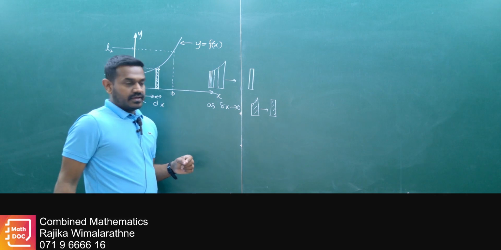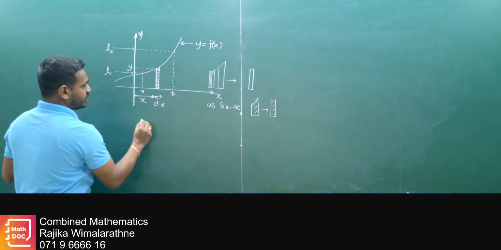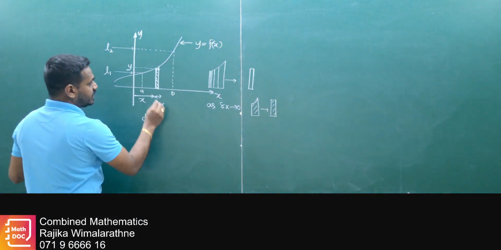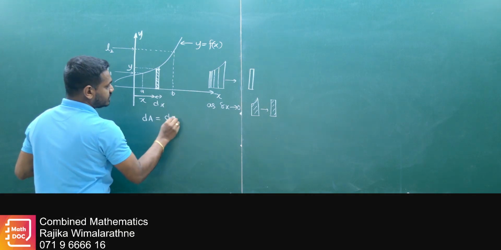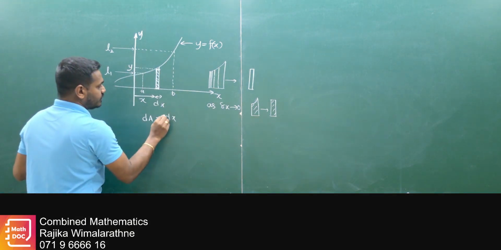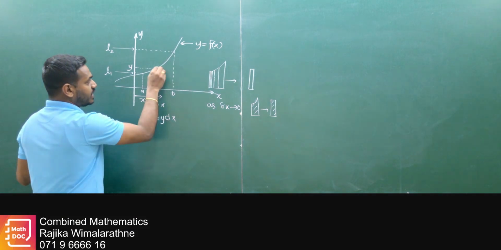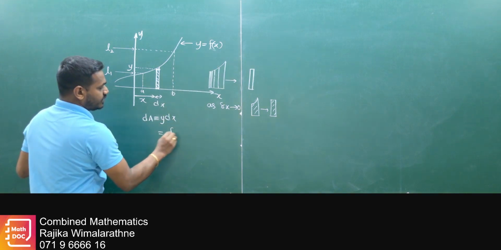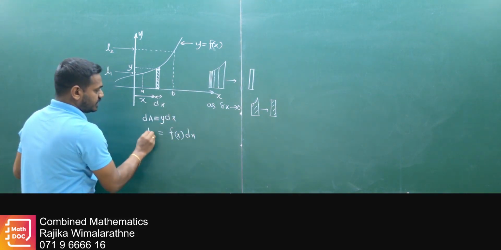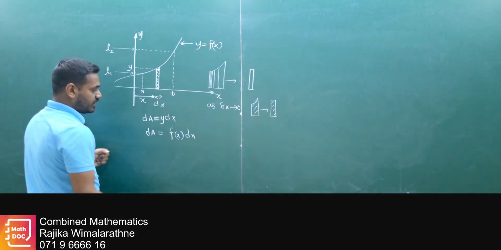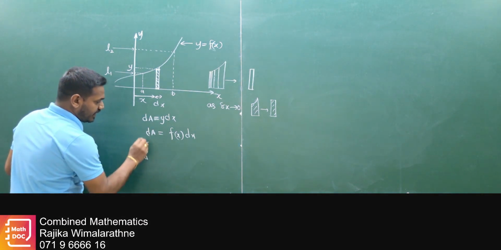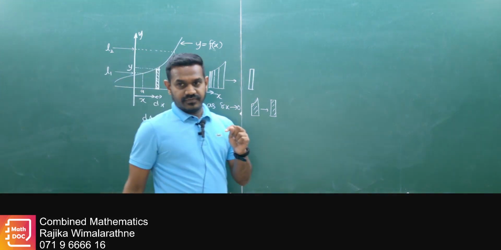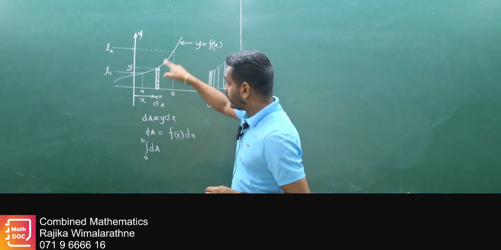Then the small part area we call dA. dA equals thickness dx times height y. So y times dx equals dA, the small tiny part area, where y means the function f(x). Then we put the integral from a to b of dA, by which we add up those small parts.